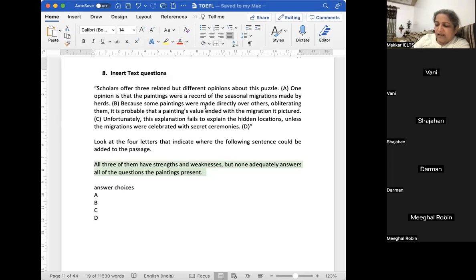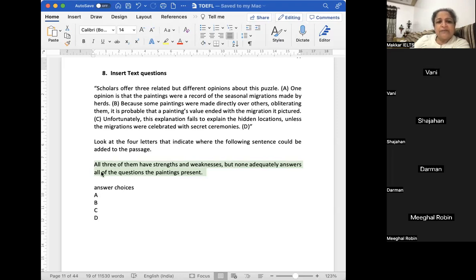All the keywords that can help you in such questions are: on the other hand, for example, further, furthermore, similarly, therefore, in contrast, on the contrary, in other words, finally, as a result. These things can be there.